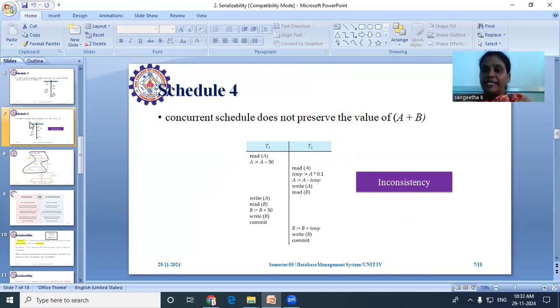So it leads to inconsistency. Likewise in B, before committing, if B is being used by another transaction, an inconsistency problem will also occur. These scenarios come up when transactions access data in a non-serial manner.